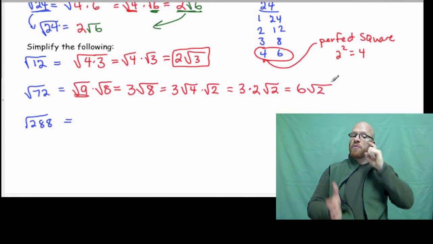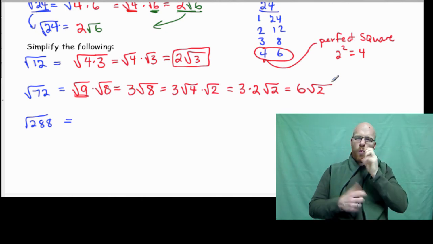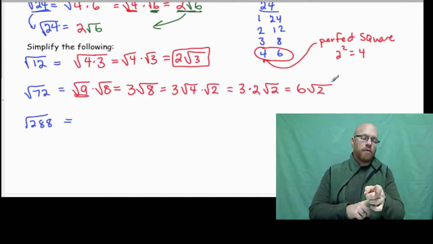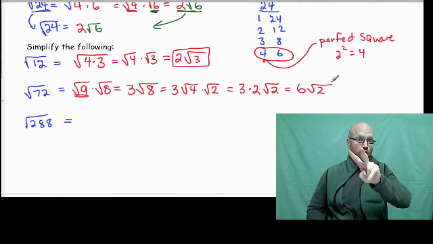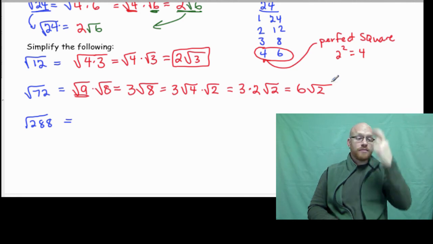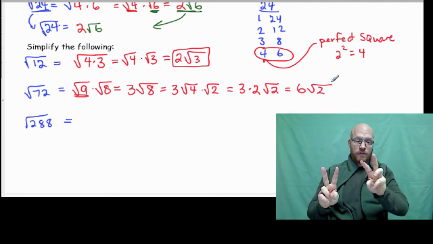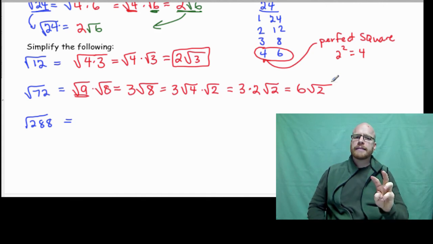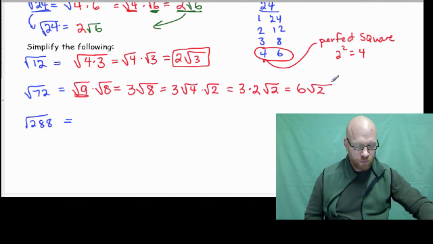So there's our fully simplified answer. The square root of 8 I recognized as not being finished. It wasn't fully simplified. I could keep going. So for 72, there's a shorter way to do this if you see a different pair. If I realize 2 times 36, and 36 is a perfect square, that's the largest perfect square in there. And I can move to our final answer much more quickly.